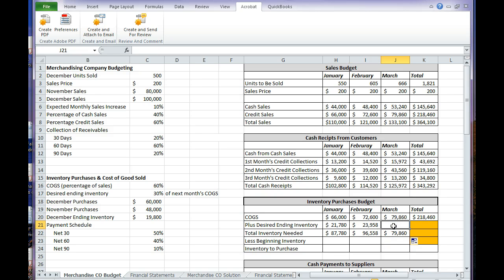All right, what is March's ending inventory? Well, we need April's cost of goods sold. All right, so how do we do that? Well, we know that March's sales are 133,000, and we know from before that sales increase by 10% a month.